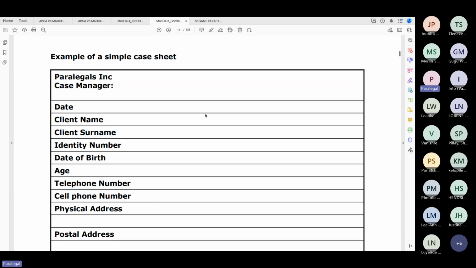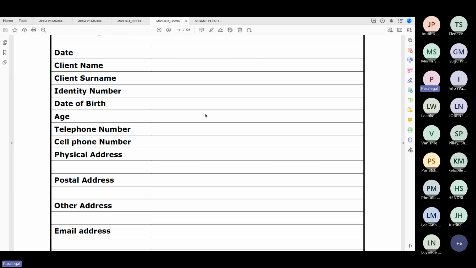So looking on my screen, you can see that it's important, the date. It's the date of instruction. So some people will write it as DOI on their cover page on the file in the office. Just make sure that you write down the date of instruction. The date of instruction is very important because it helps to sort out issues of prescription.